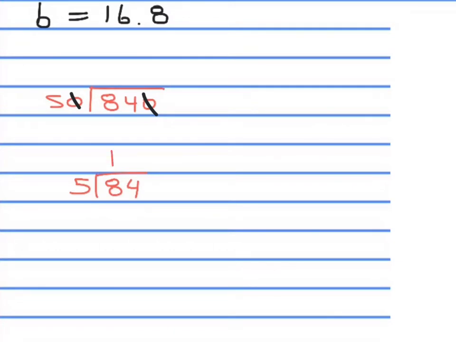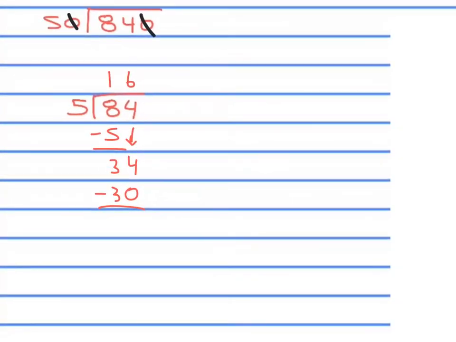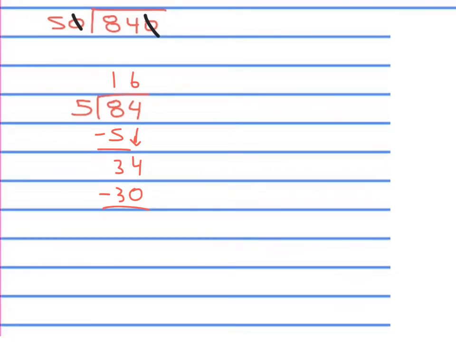Well, 5 goes into 8 one time. Take away that 5, you're left with a 3. Bring down the 4. Every time you bring a number down, you got to put a number up. And 5 goes into 34 6 times. That's 30. Now, continuing on, we've got 4 left over. And what can we do now? There's no numbers to bring down, but we are allowed to put a decimal at the end of this.